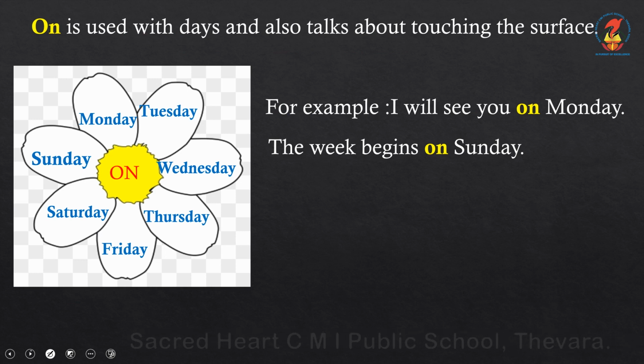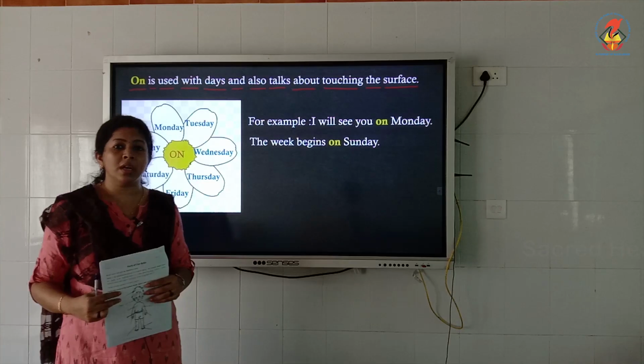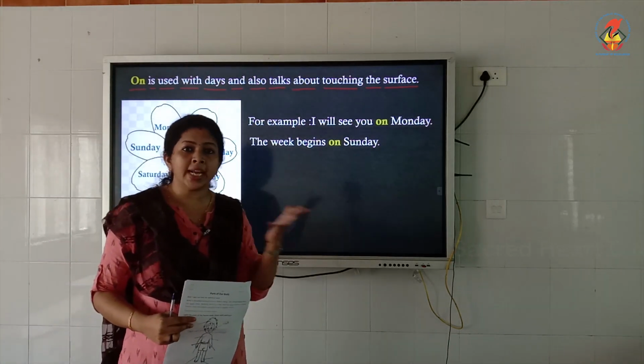Okay. So first one is on. Let us see where we use on. On is used with days and also talks about touching the surface. Where is on used? On is used with days. Days means what? Monday, Tuesday, Wednesday, all are days.